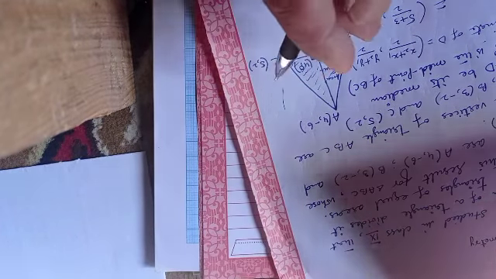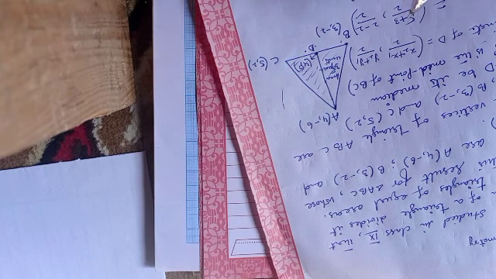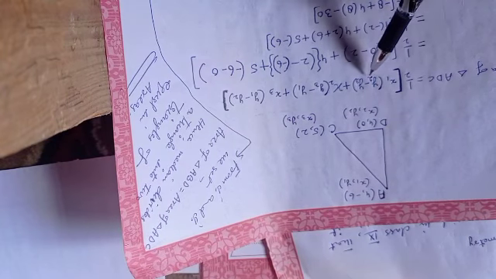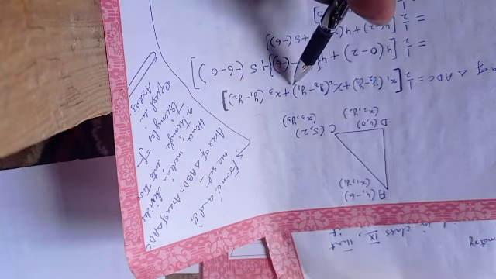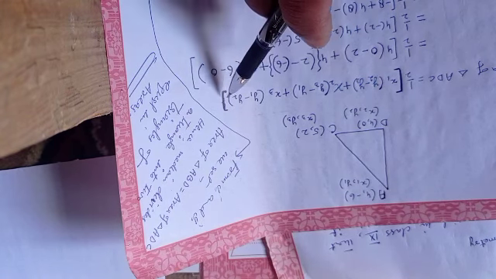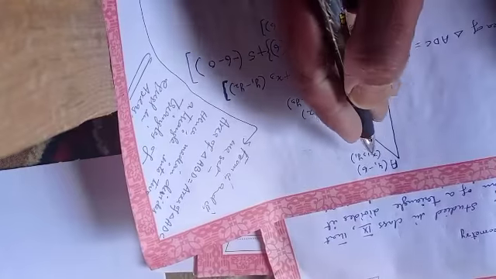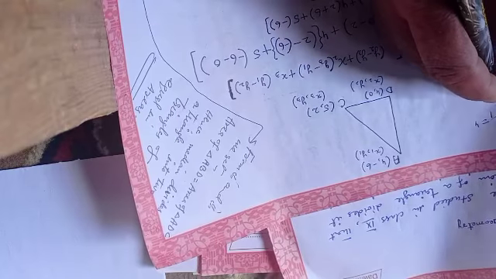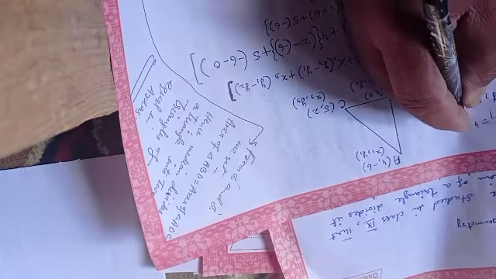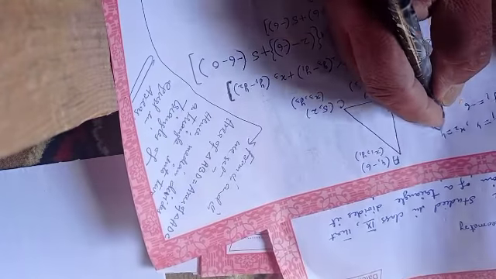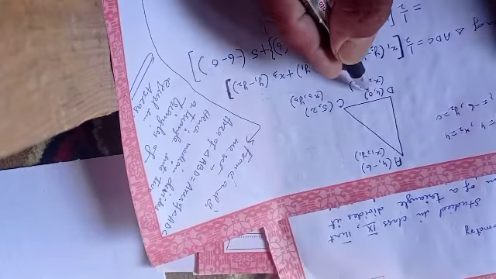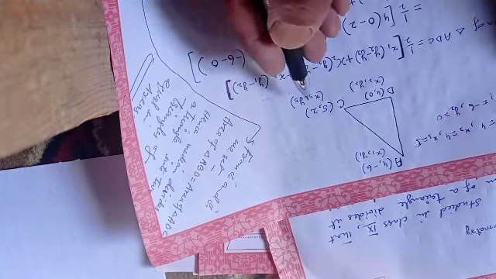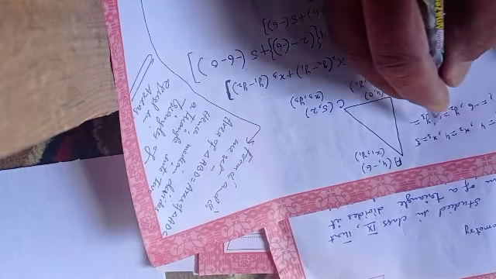Then we find the area of triangle ADC. We use the same formula, half of x1 into (y2 minus y3) plus x2 into (y3 minus y1) plus x3 into (y1 minus y2). Here x1 is 4, y1 is minus 6, x2 is 4, and y2 is 0, x3 is 5, and y3 is 2.